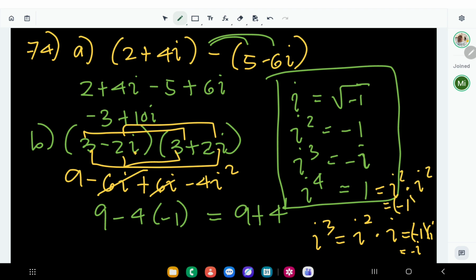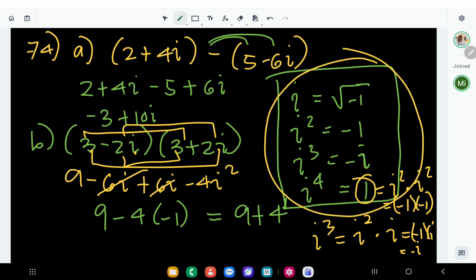So that is negative 1 times negative 1. That's why you have positive 1. So you should remember this one. Because what if you're asked, what is the value of i to the 507? Yeah? So you will just subtract multiples of 4.